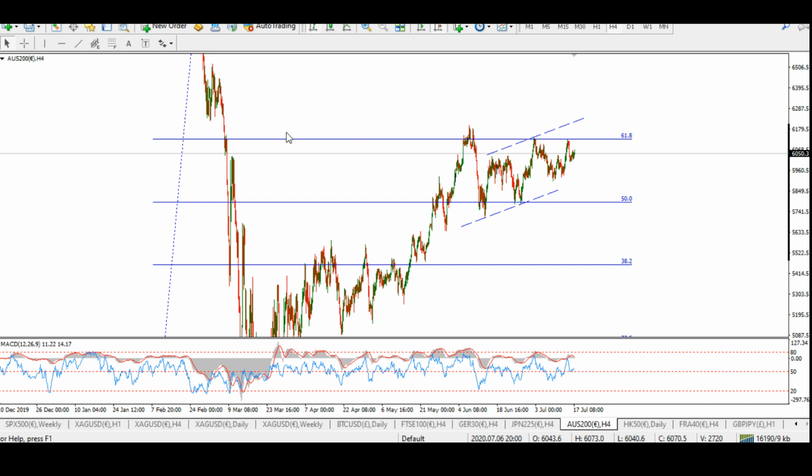So this 1-2 scenario in the Aussie market is still holding, which would suggest another acceleration lower, or another trend move to the downside yet to begin.